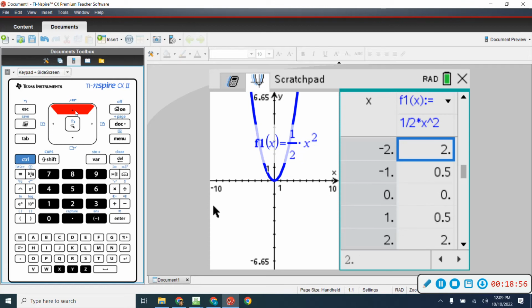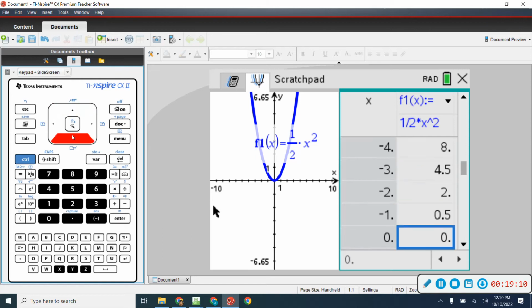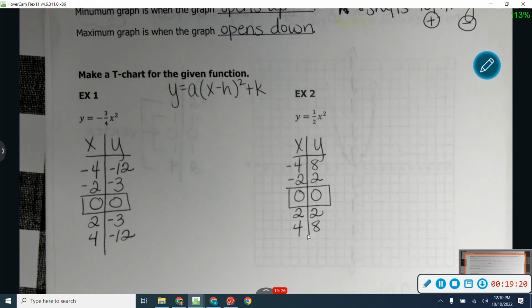Okay, and so for my table, what points am I going to use? -2, 2, and -4, 8. And then go in the opposite direction, 2, 2, and you should have 4, 8. Okay? So it's easy when you have the graphing calculator to give you your table for you. 2 things to check.